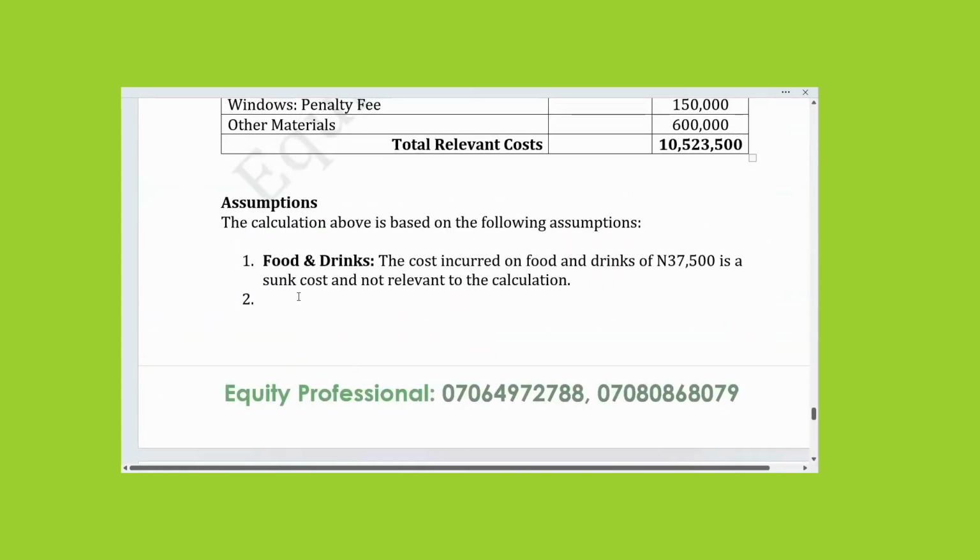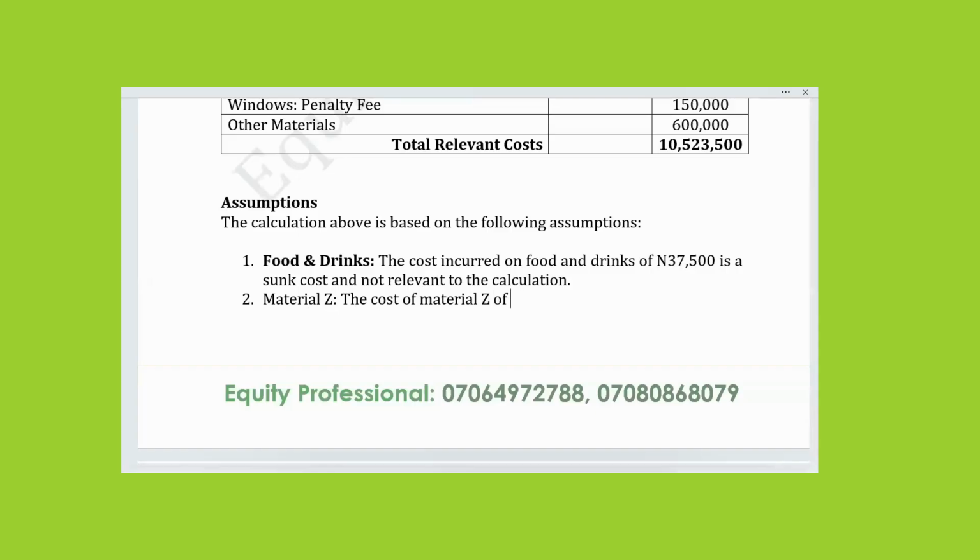Material Z. The cost of material Z of 5,800 naira per kilogram is a sunk or historical cost and not relevant to the calculation.